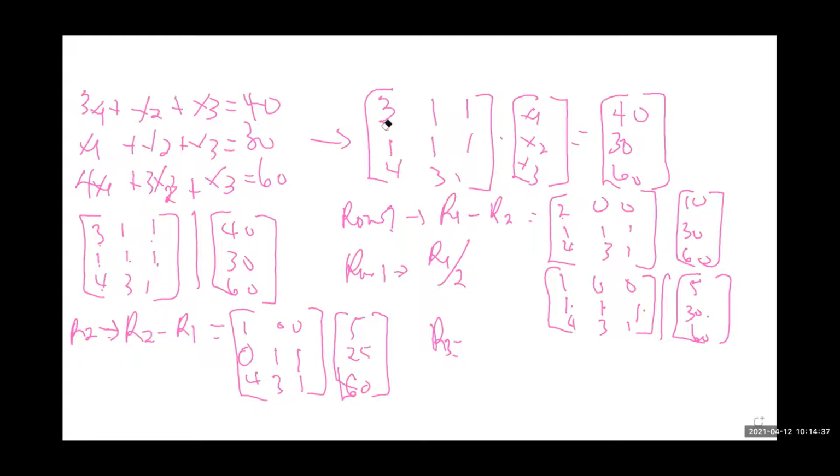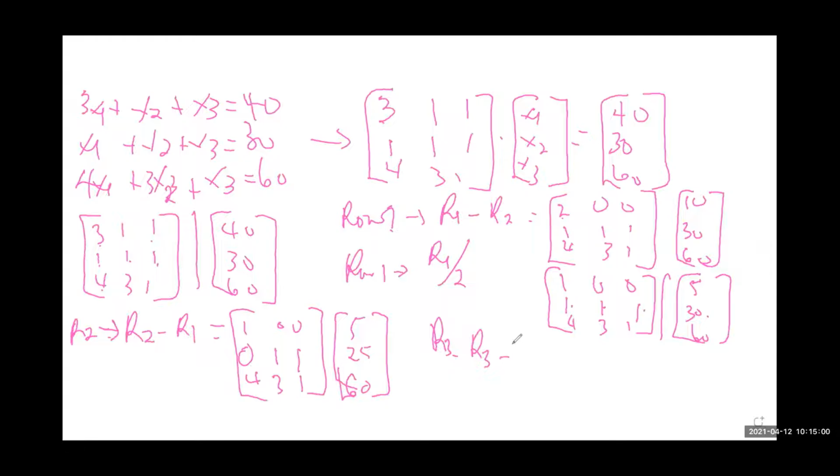Richie, is your hand up again? Okay, Mario. Yes, sir. We are operating on row 3. Row 3 minus 4 times row 1. Then that will get rid of the 4 in row 3.